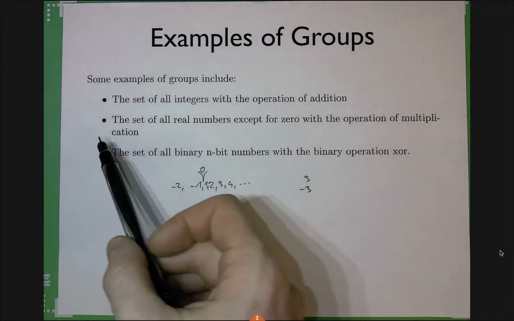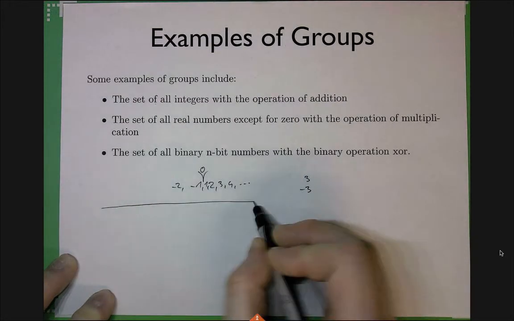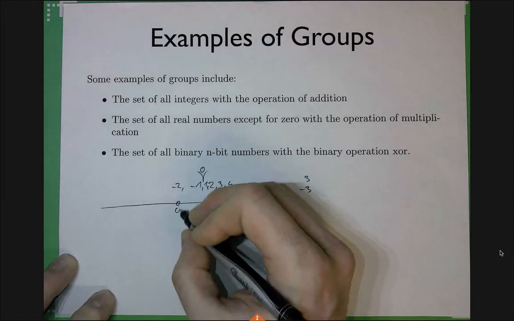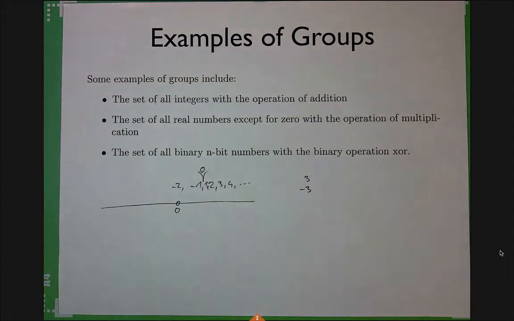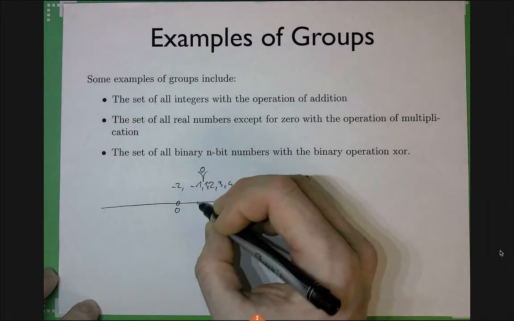Another very classical example is the set of all real numbers. So I can imagine a real line, except for 0. I have to take the 0 out because 0 I cannot really invert. And the group operation on real numbers can be just regular multiplication. So then what is my identity element there? Simple. Not a trick question, it's just 1, of course.